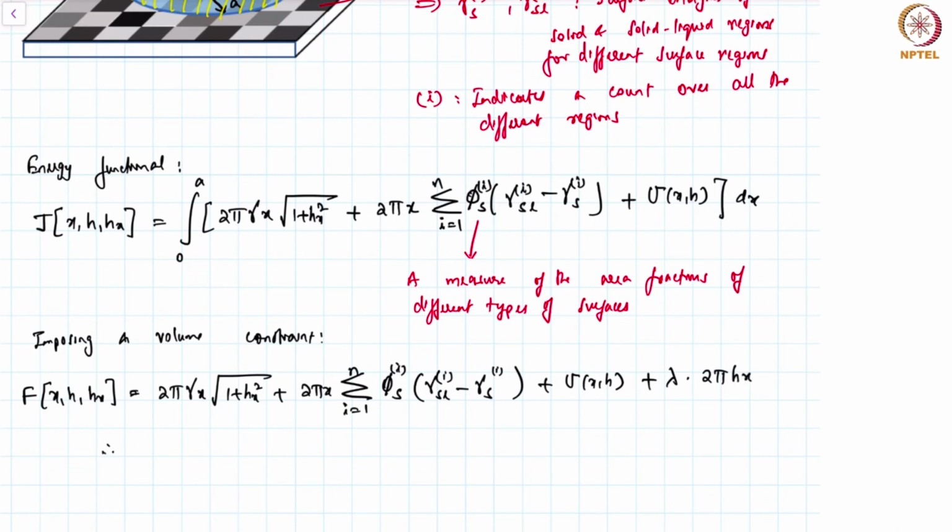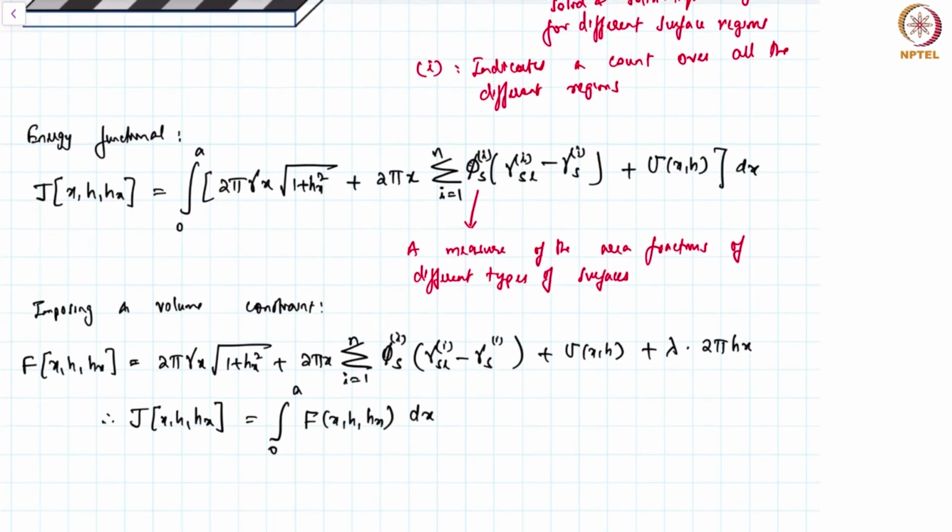Therefore, the energy functional which has to be minimized is simply going to be from 0 to a, f of hx dx, right? So this is the minimization problem.